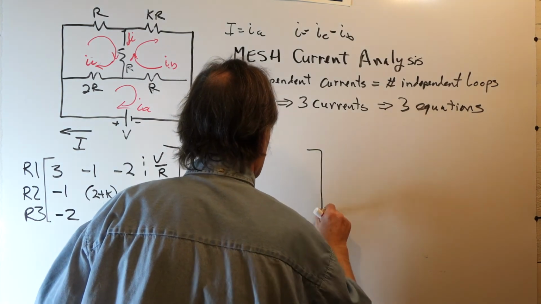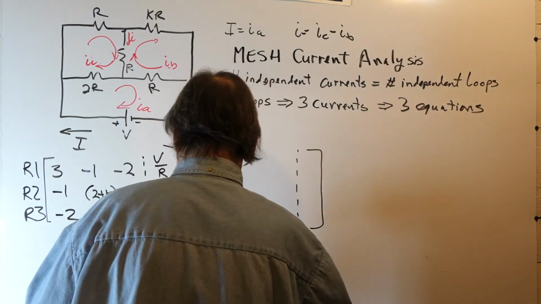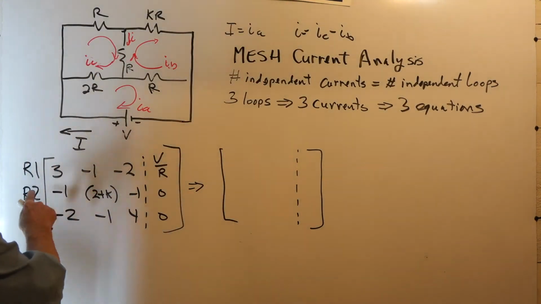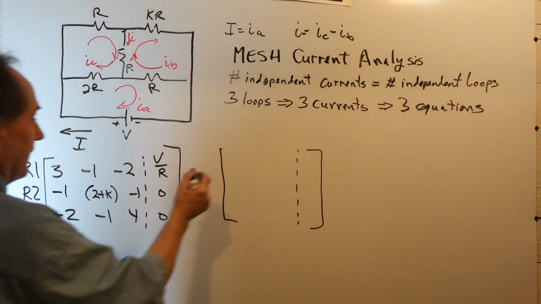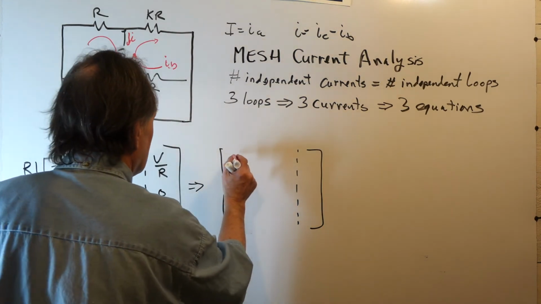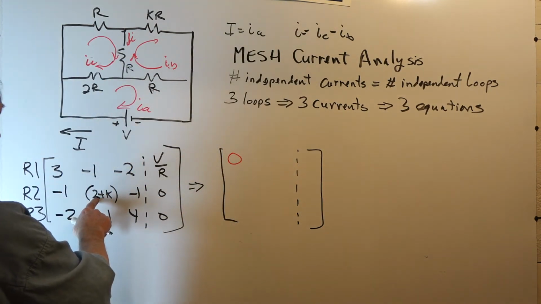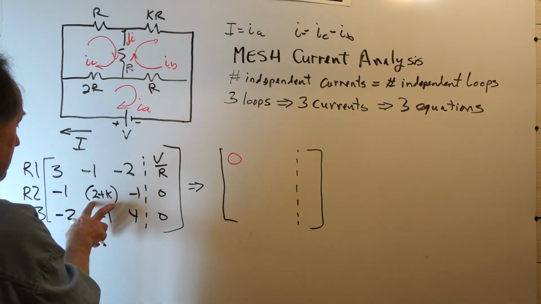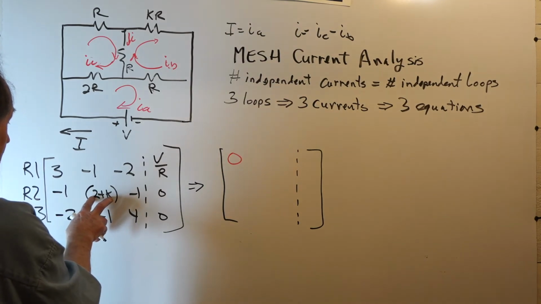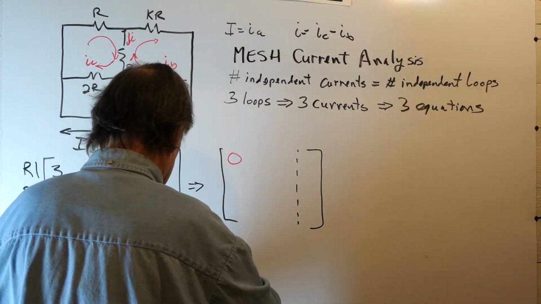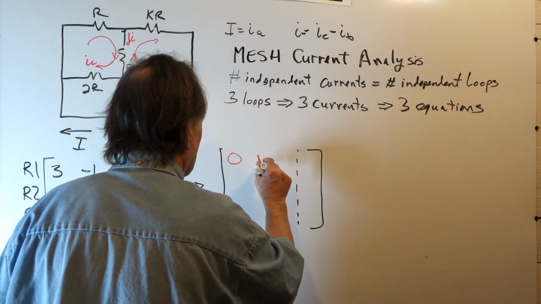3 times row 2 added to row 1. This becomes a 0. 3 times this, so we end up with 3 times what's in the parentheses added to minus 1. So let's just say we get some value here. I'm just going to call it n1.